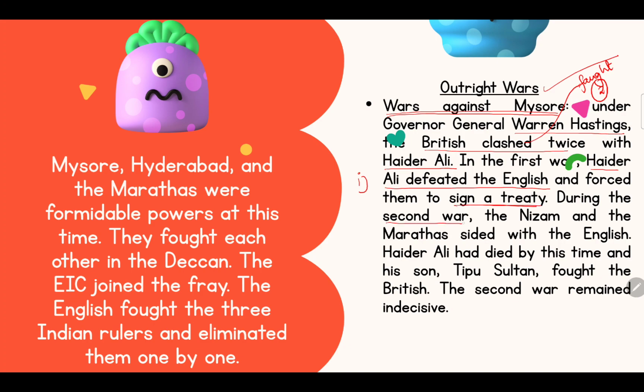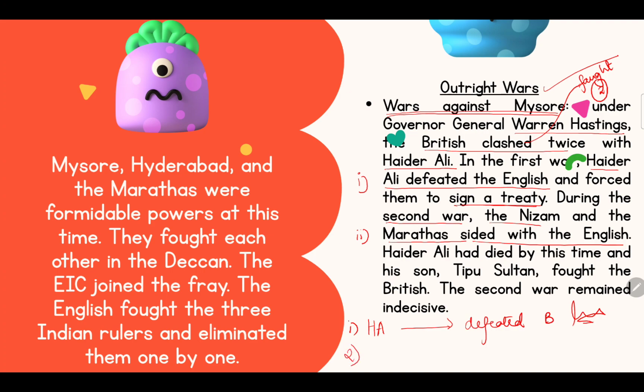During the second war, the Nizam and the Marathas sided with the English. Now what happened? First, Hyder Ali defeated who? British. This is the first consequence, and one treaty was signed.